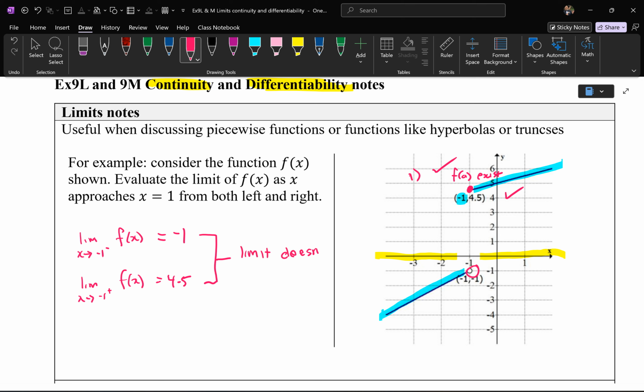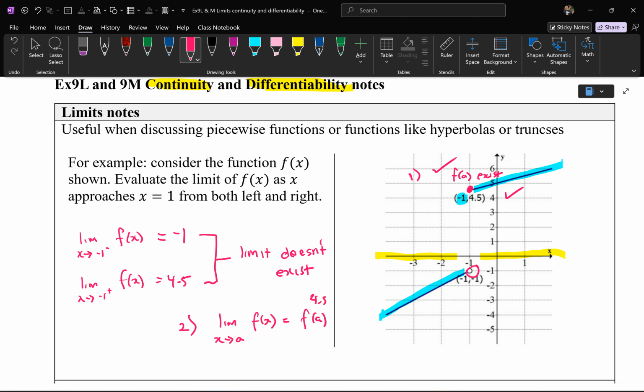Is the function at that point meant to actually be equal to -1, or is it meant to be 4.5? We can clearly see condition 1 says that it's 4.5, but when I apply the limit, it does not exist. And the second condition says that you need the limit of x approach a to be the same as f of a.